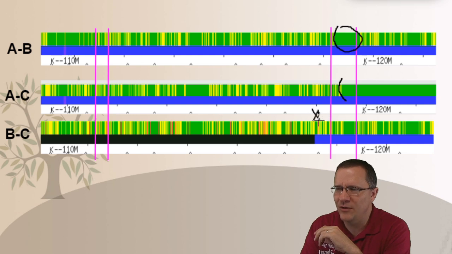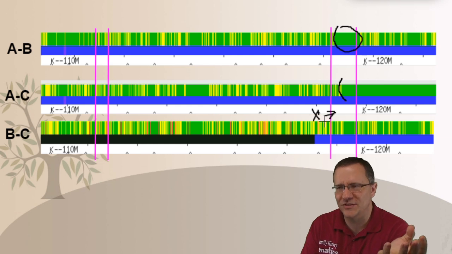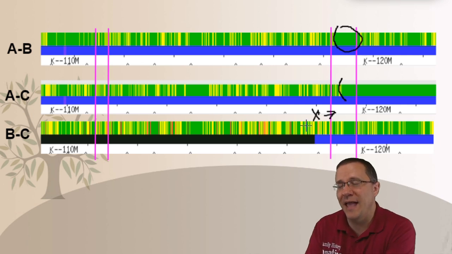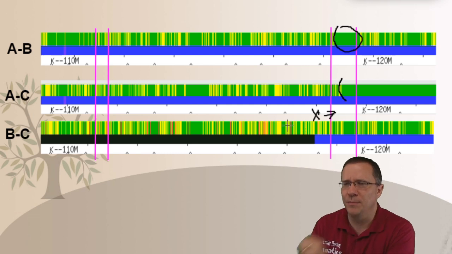Instead of the red ending right here, we might have the red shifted over and it ends right here. We just don't have another no match SNP, even though this whole segment might have all been part of this. So let's take a look at that and see if that solves our problem.